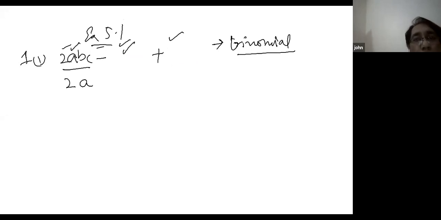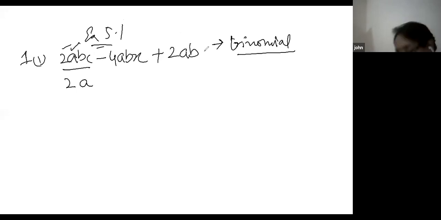2abc minus 4abx plus 2abd. Look again, these are three terms, a trinomial. First, we need to see what is common here. 2 is in the first term, we can take 2 common from the second term and the third term.